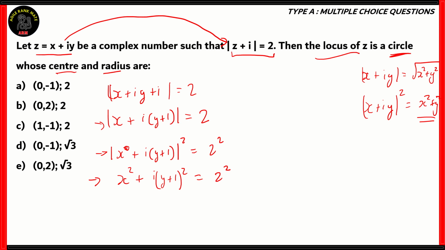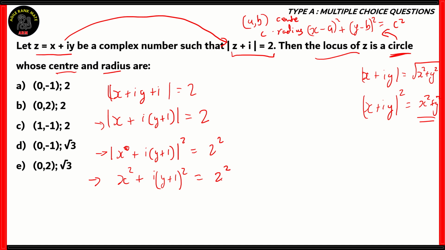Now, for a circle, we have a particular formula: x minus a the whole squared plus y minus b the whole squared equal to c squared, where a comma b is the center and c is the radius. So we need to now find out the center and radius of the locus of the complex number.